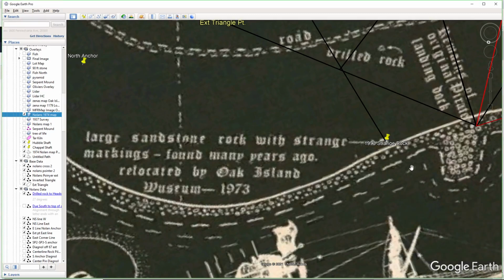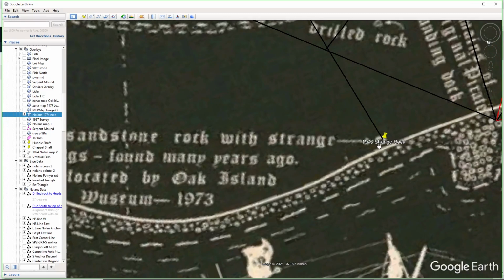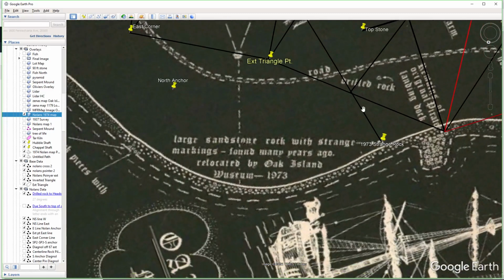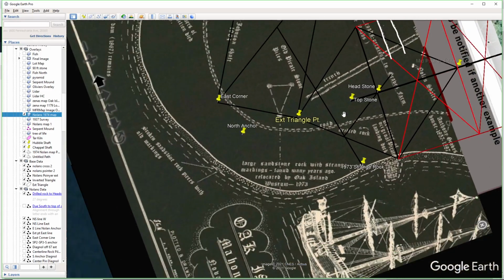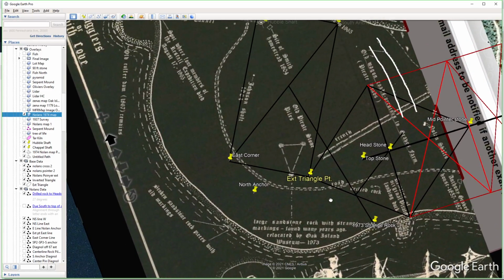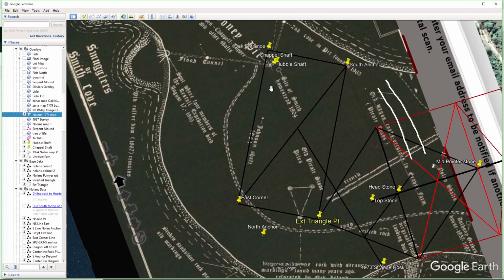I hate it when those things come up. Anyway, this is the start point, and it's right off the shore. It's at the start point of one of the longest lines that Fred Nolan surveyed, which goes from here, and actually it goes down into this area right here.